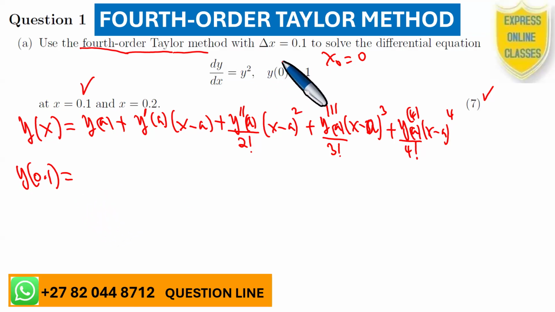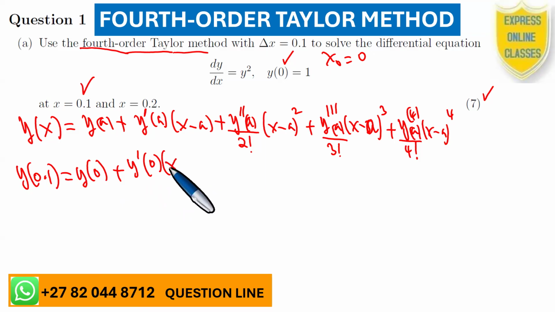Because y at 0 is given, it means that we must be able to get y at 0. Then you would have y primed at 0, times x minus 0.